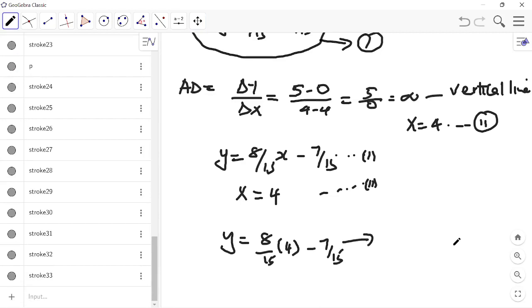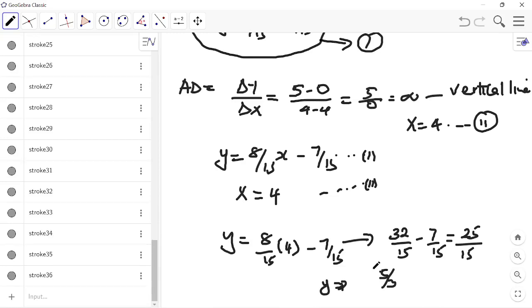This gives you 32 over 15 minus 7 over 15, which gives you 25 over 15, which finally, dividing by 5, gives you 5 over 3. So the value of y at the centroid point is 5 over 3. This is the y coordinate at the centroid point.